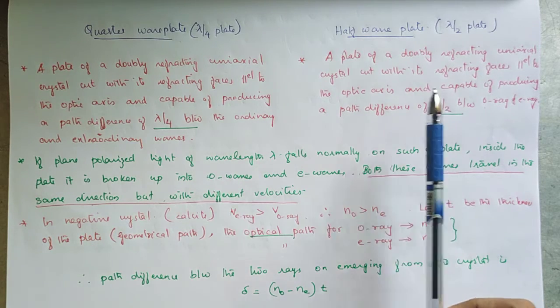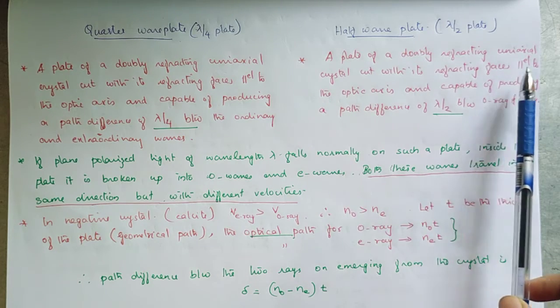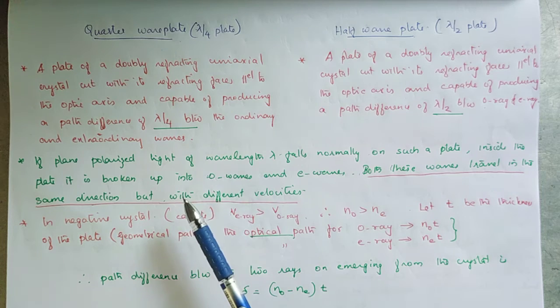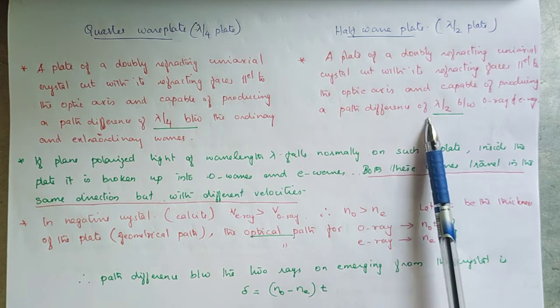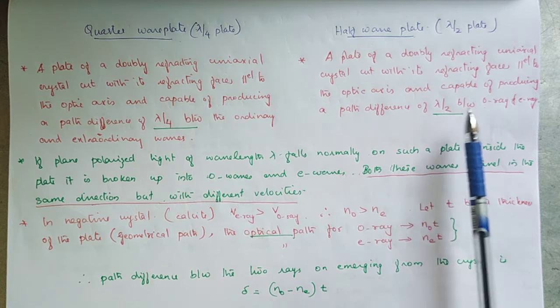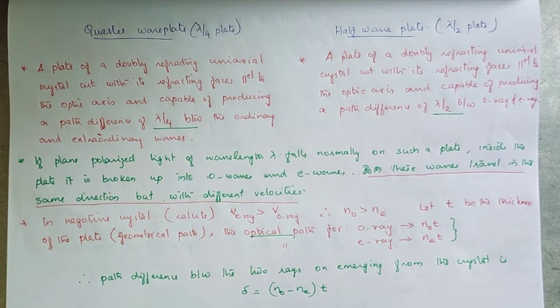But here the plate is cut with its refracting face parallel to the optic axis, capable of producing a path difference of lambda by 2 between the ordinary wave and extraordinary wave.